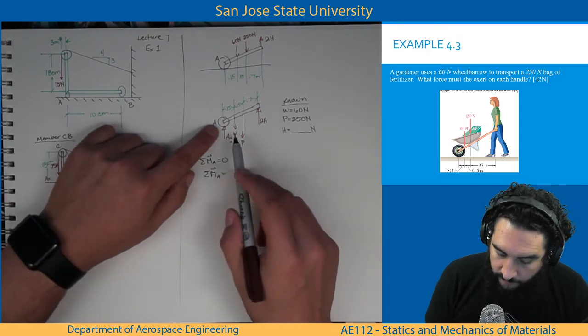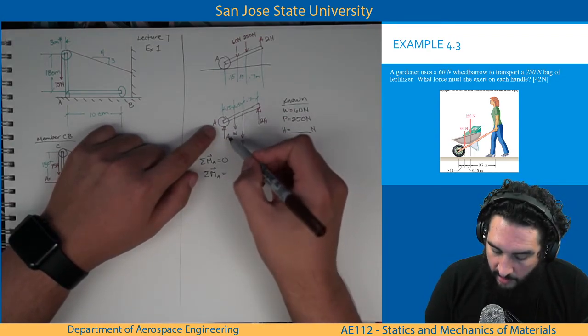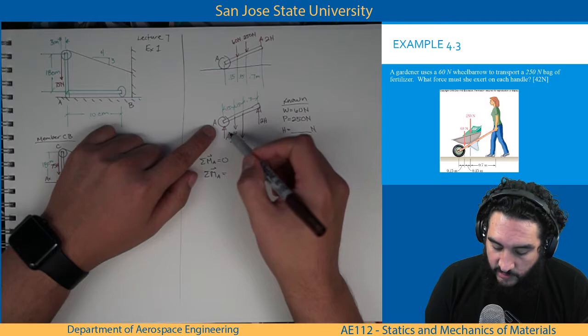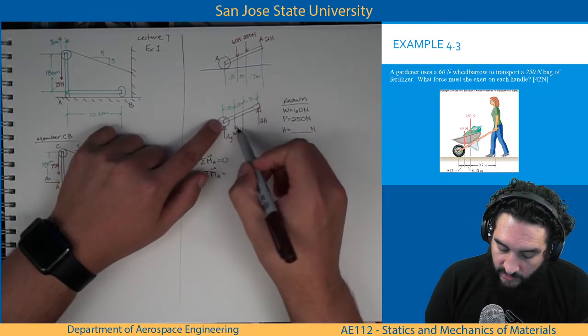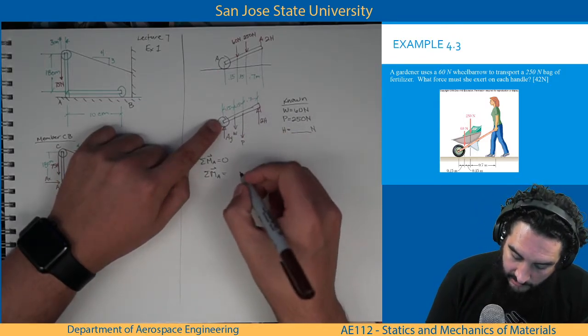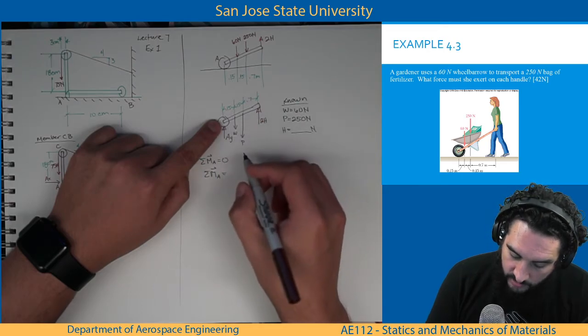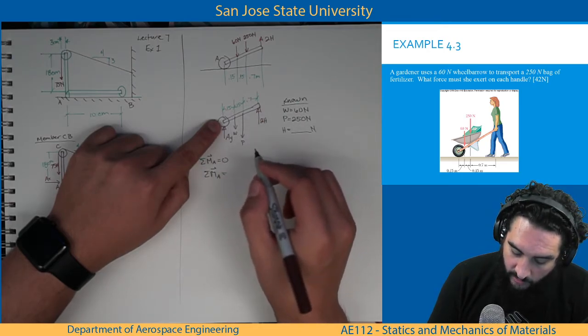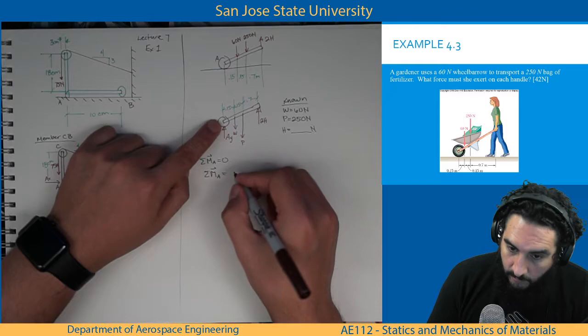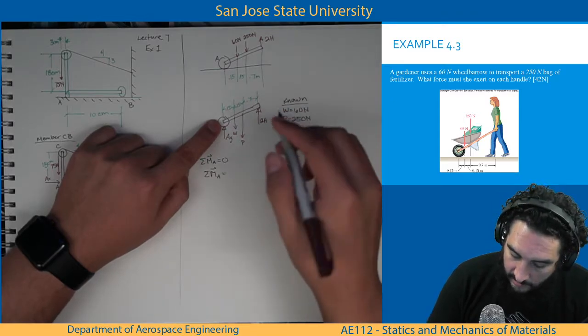The moments about point A are going to equal, since we're taking moments about point A, the reactionary force at AY does not participate in the calculation. The first one that does is W, and that'll be a distance 0.15 meters. These are in meters.